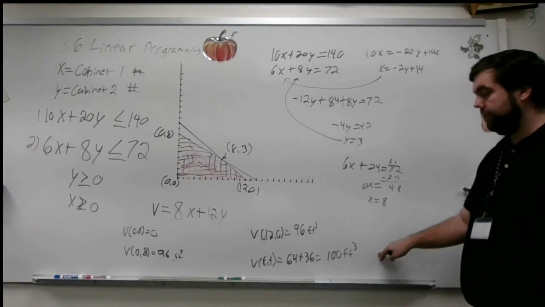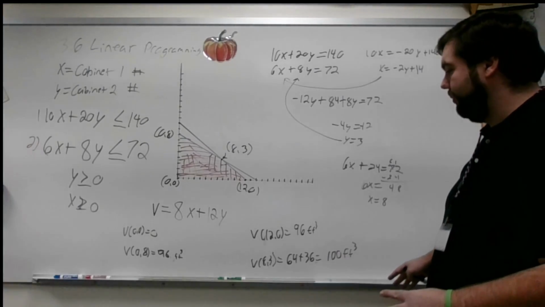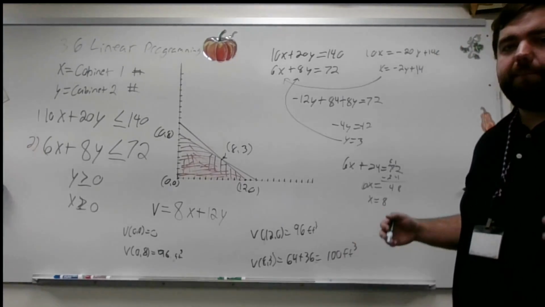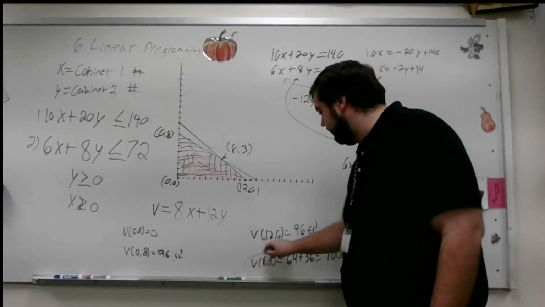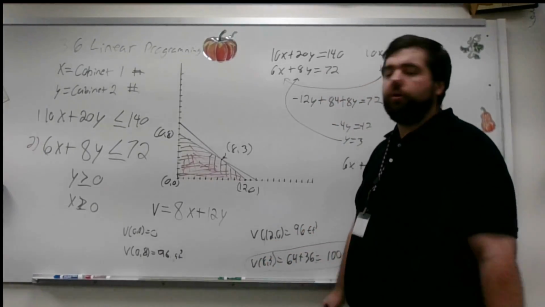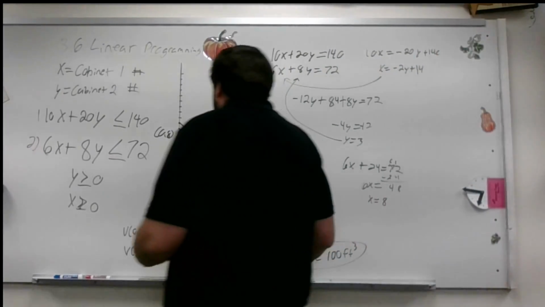All right. Now we're trying to maximize. So finally, we look at all of our points. Which one maximizes our volume? Well, it's this one. Oh my goodness. I missed a huge step. What's that? It's label my graph.